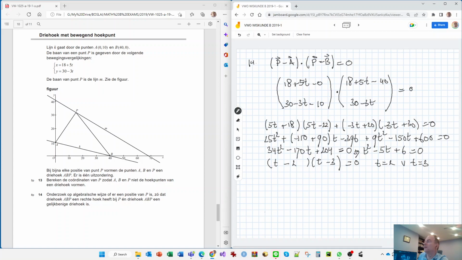Let's see if there's an easier way. P squared. I don't know. Just substitute it. So the norm of B minus A, I can just look at the square.